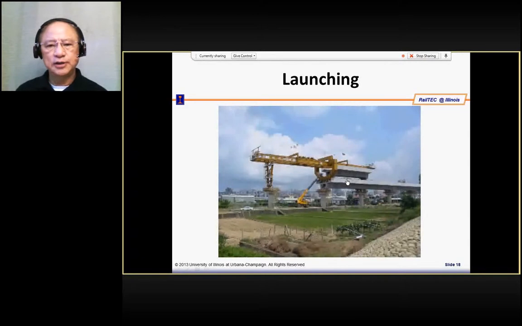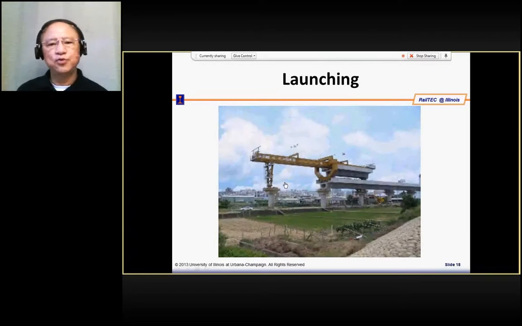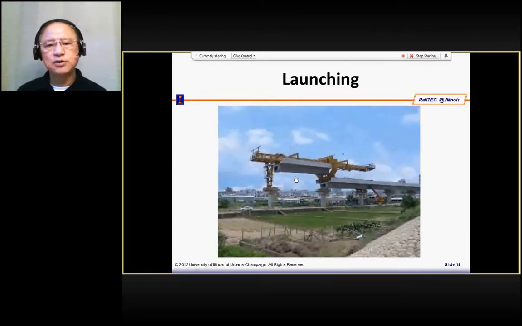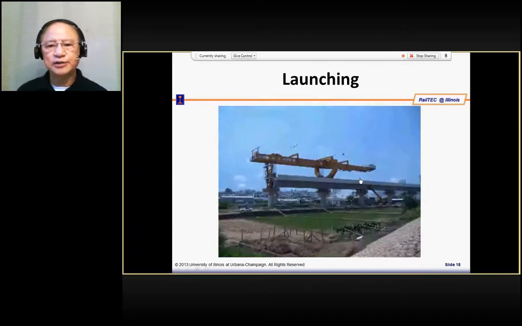So the girder moves in, the launching machine picks up the girder and starts moving it forward into position. Now it's in position, and it starts to lower it, and you can see the transporter has already gone back this time. Okay, and then the whole cycle is completed.